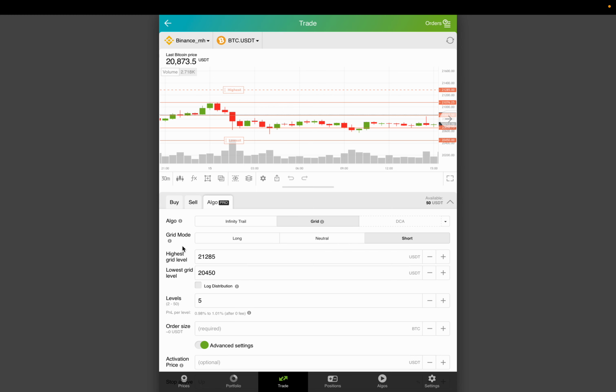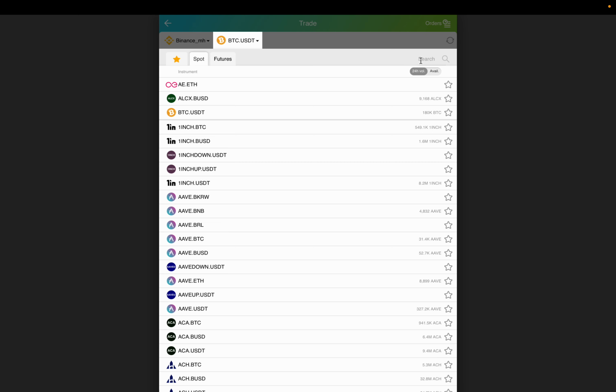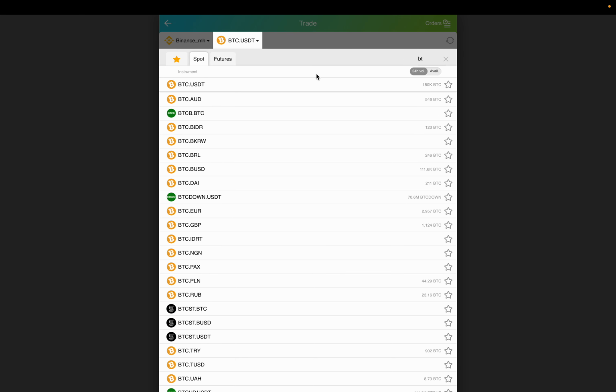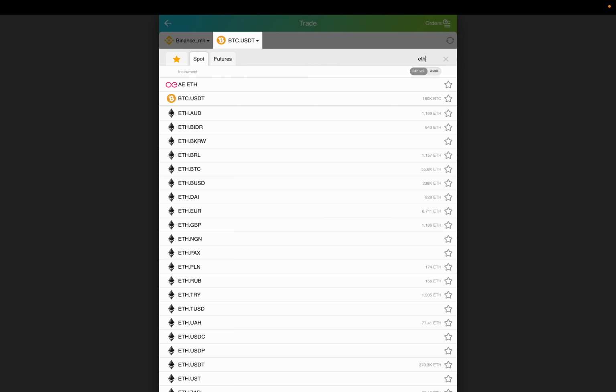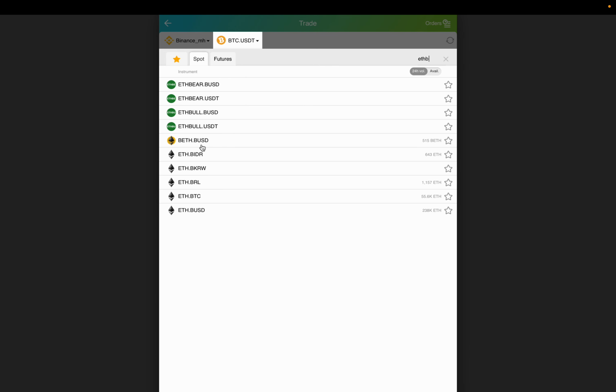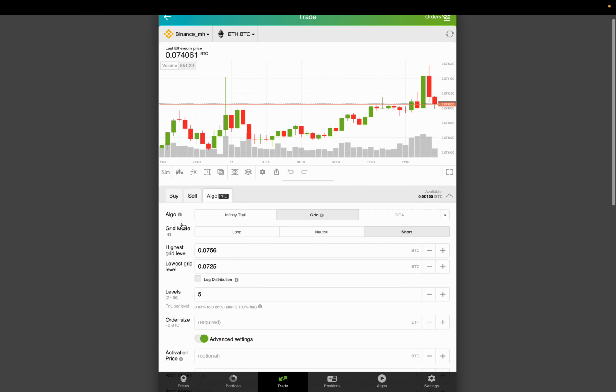One other thing to consider is that with spot it's not always coins versus USDT, right? For example, you could trade a pair like ETH BTC. Here it is, ETH BTC. It's a good pair to trade. The correlation is there, and it will not move as much as BTC against USDT, so it will stay in range for a while.